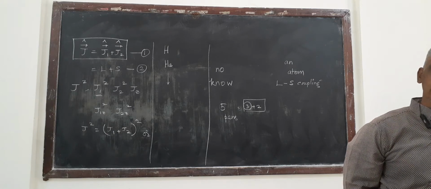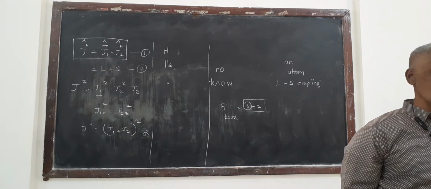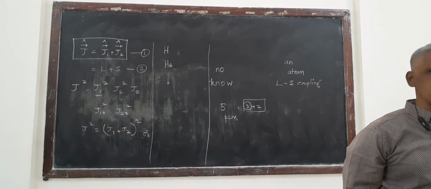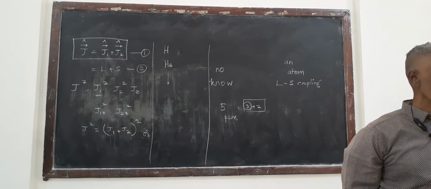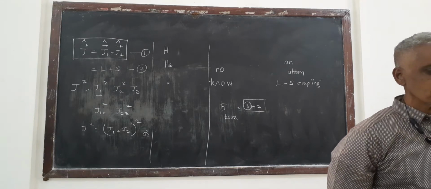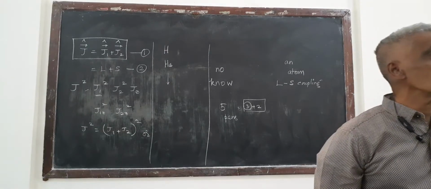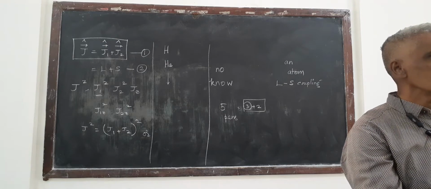A plus b whole square is equal to a square plus b square plus 2ab. Now here, J1 square plus J2 square plus 2 J1 J2. I would have written in the notes as J1 J2 plus J2 J1.